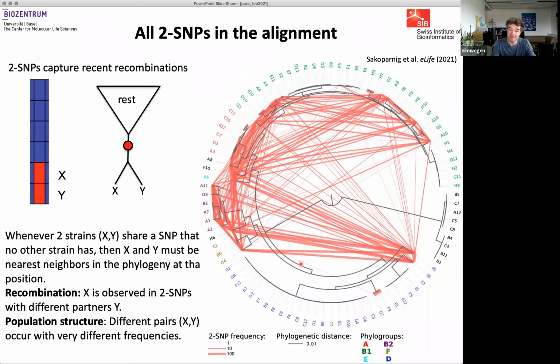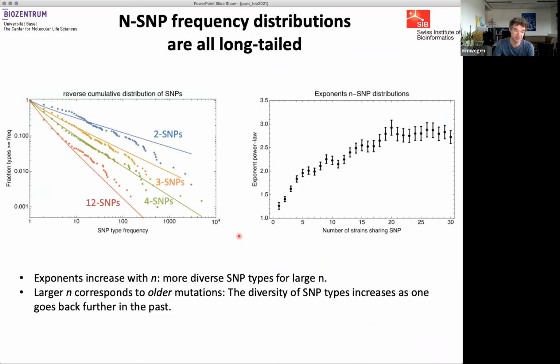If you now look at actually what is the distribution of the thicknesses of these lines, what is the frequency distribution of different pair SNPs, you find that that is approximately a power law distribution. So it's a very long-tailed distribution. Most of these pair SNPs only occur once or a few times, but some of these pair SNPs occur many thousands of times. Now, of course, you can also play this with, instead of pairs, triplets or quartets or quintets.